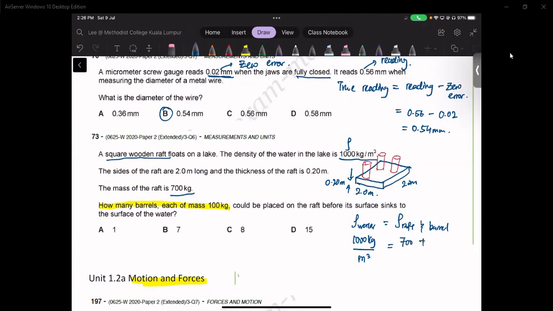I don't know the mass of the barrel, so I'm going to put M. This M is the total mass of all the barrels. So how many meter cube does the raft occupy? You're going to go 0.20 times 2.0 times 2.0. That is the volume of the raft.